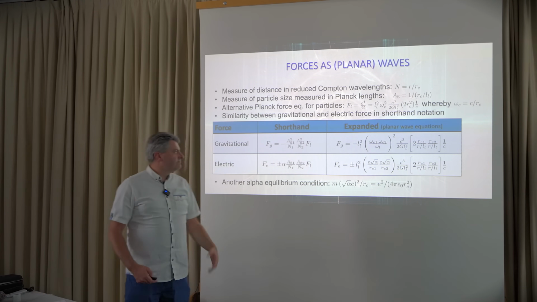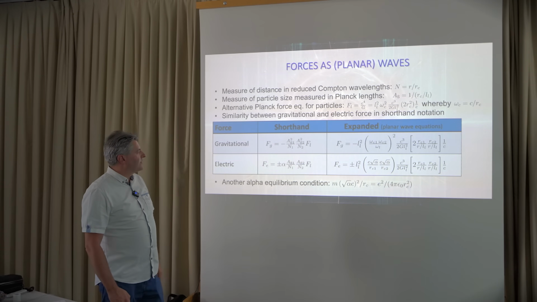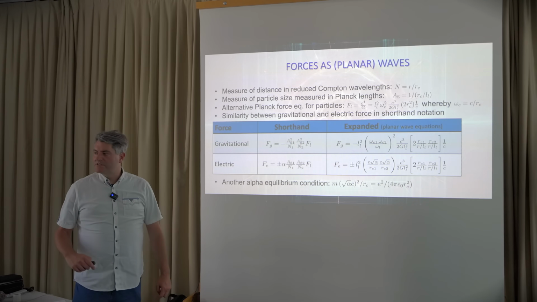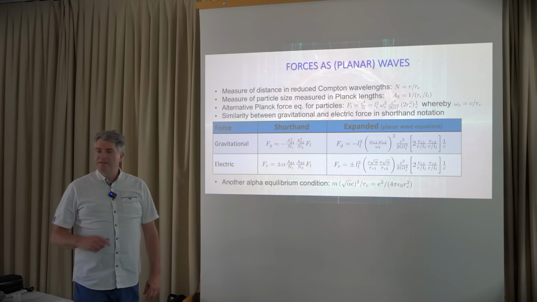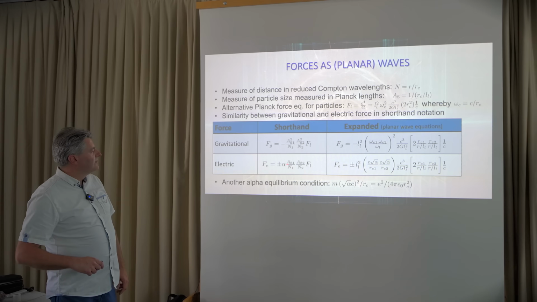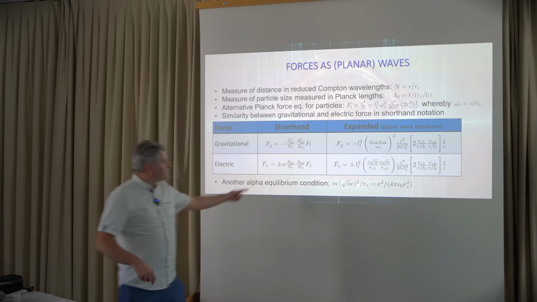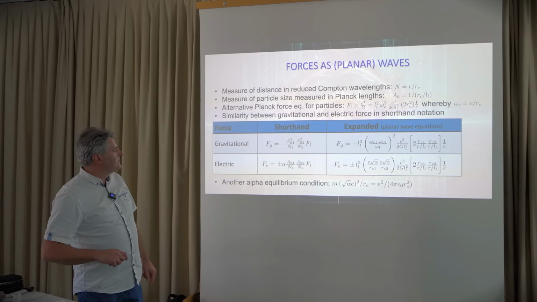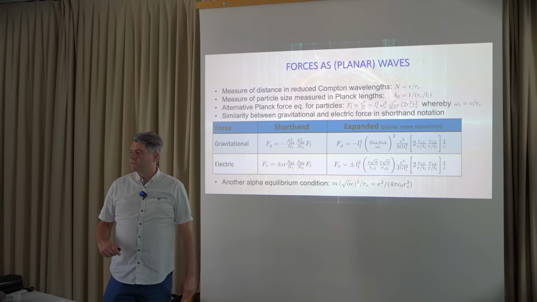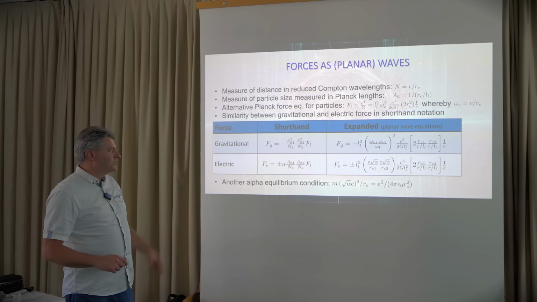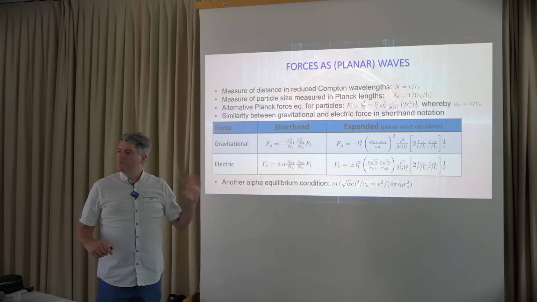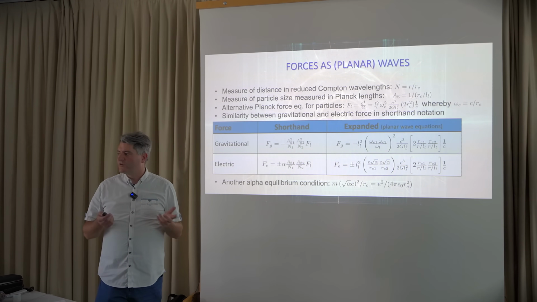What's now, in my view, remarkable about this is that the gravitational force and the electric force are pretty similar structurally. There are only two differences. The power of A sub beta is different. Here it's to the power of 1, and here it's to the power of 2. And here we have an additional Sommerfeld constant. To me, it's remarkable to have this structural similarity for two forces that should not have anything in common.